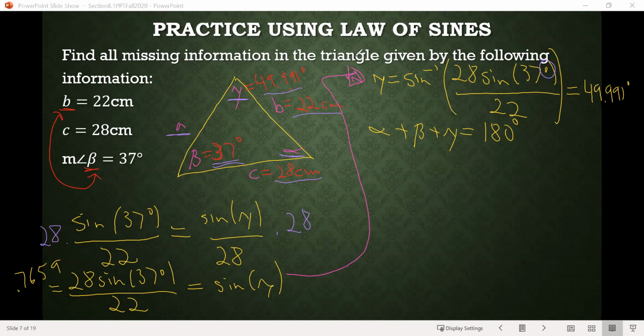Therefore, we can plug in the information we know. The measure of angle beta is 37, the measure of angle gamma is 49.991 degrees, equals 180 degrees. If we solve for alpha, we get the measure of angle alpha is 93.009 degrees.